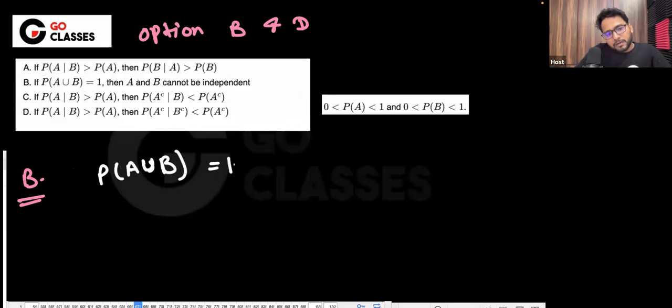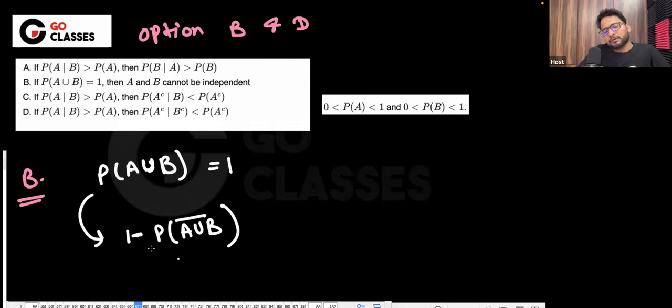Now let's do one thing. Let me write it this way: 1 minus P of (A union B) complement. Basically I'm saying that probability of A equals 1 minus probability of A complement, so instead of A, I'm applying it to A union B. Using De Morgan's law, this becomes A complement intersection B complement.